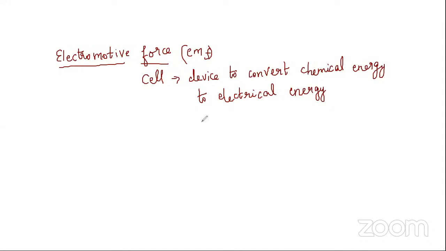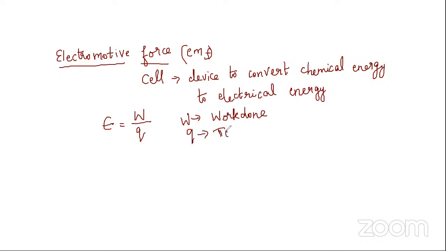Okay, so that energy or the work done to move a unit charge around the complete circuit is called EMF, and it is represented by the symbol epsilon, that is equal to W by Q. W is the total work done to move the charges, and Q is the total charge moving in the circuit.